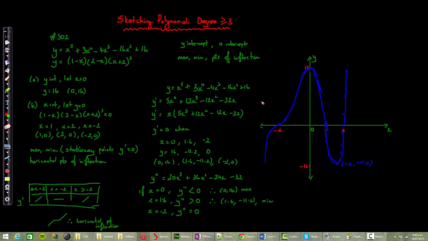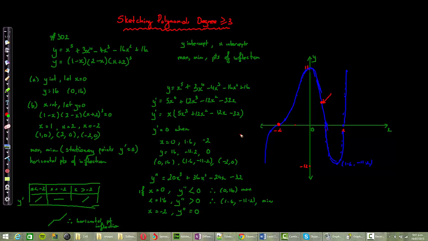So let me just highlight this point here again. This is a point where the concavity changed, but there's also a point around about here where the concavity also changed. So this is concave down, and then it becomes concave up after that.